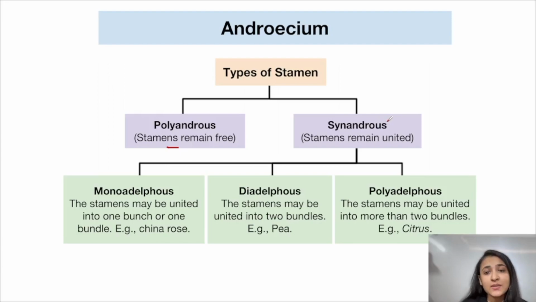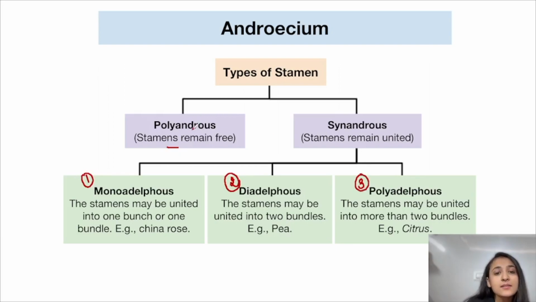Now in synandrous condition, stamens remain united. That means they remain fused with each other. Synandrous condition can be further classified into three types: monoadelphous condition, diadelphous condition, and polyadelphous condition.